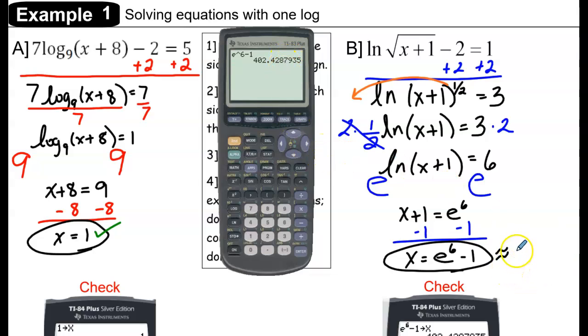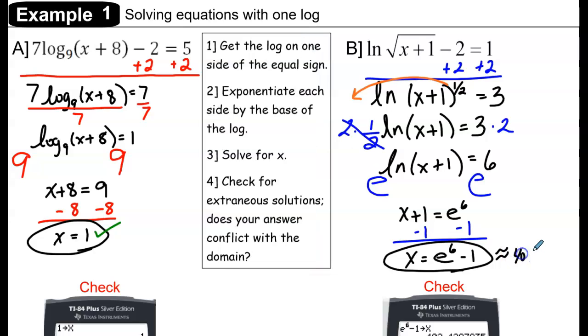So we've got 402.4288, and that would be my approximate answer rounded to 4 decimal places.